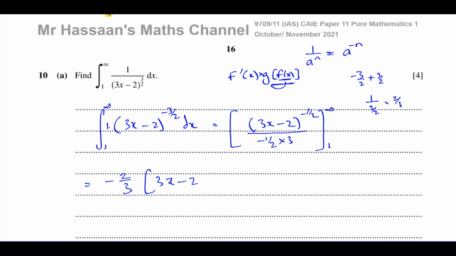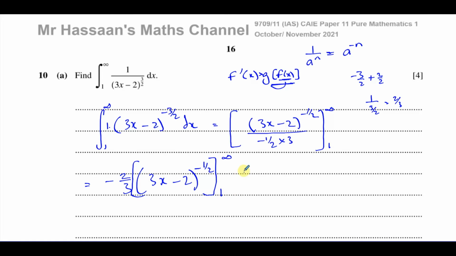Let me just write that a bit clearer. So that's 3x minus 2 to the power of negative a half. And I'm going to put the integral brackets here, because minus 2/3 is a constant. If it's multiplying, I can write it outside, and I've got my limits of infinity and 1.